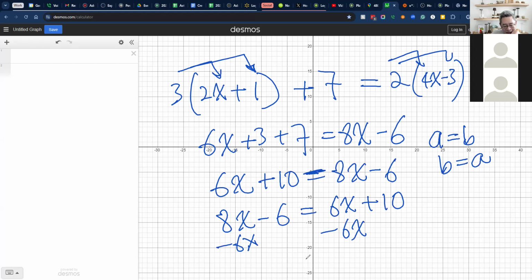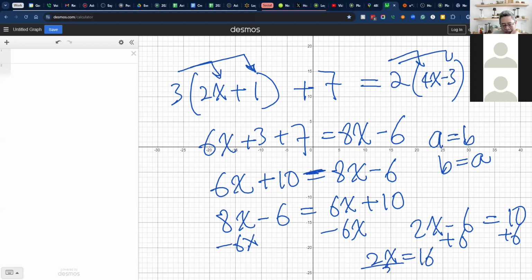You can see that this is called the addition property. And we got 2x minus 6 equal to 10. Then we add 6 on both sides, so we got 2x equal to 16. Then we divide by 2 on both sides. So x is 8. That's how we find it.